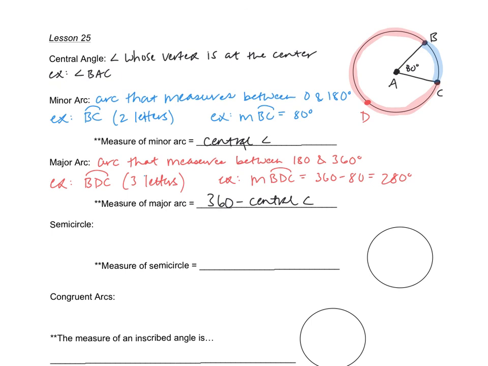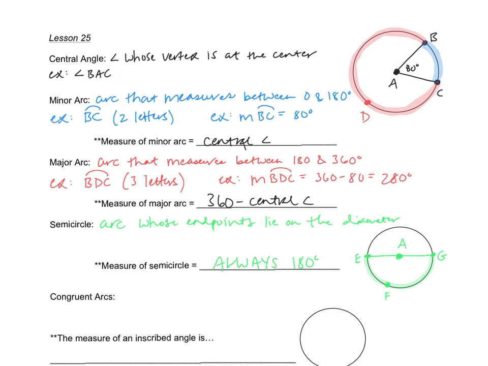So let's keep looking downward. We can see we have a semicircle. A semicircle is an arc whose endpoints lie on the diameter. We can see from our picture, this is our semicircle. This is also an example because they lie on the diameter. We know that the measure of a semicircle is always 180 degrees.